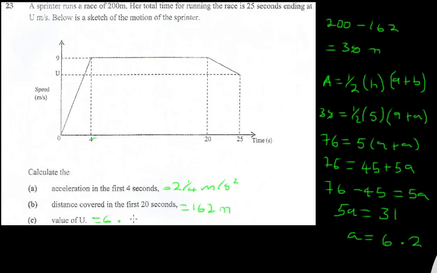So therefore the value of u is 6.2 meters per second.